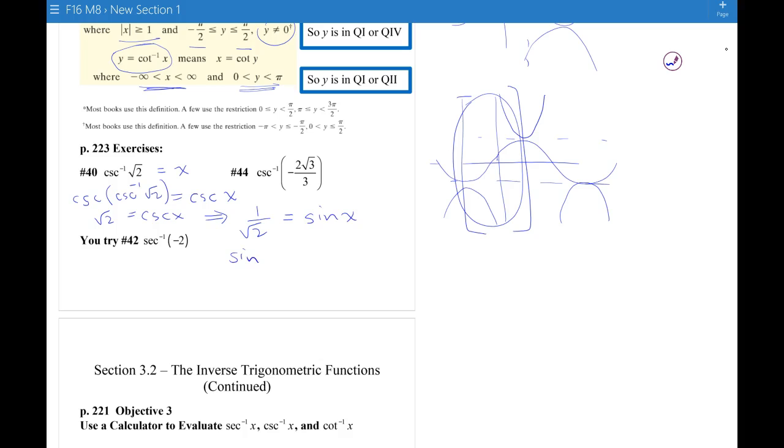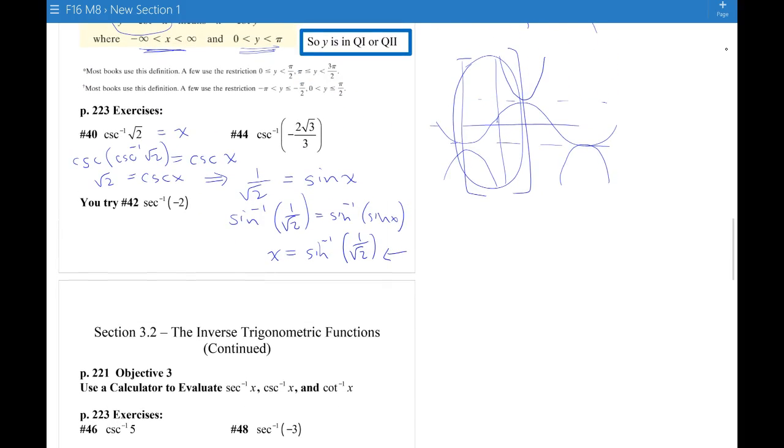So then if I do the sine inverse of both sides, do you see that now x is going to be the sine inverse of 1 over root 2? So this is what I'm going to do on my calculator if it's not a special angle that I just know. So I would suggest you go through this whole long process until you fully understand it. Don't look for shortcuts, look for understanding.